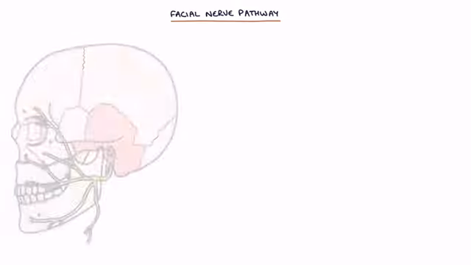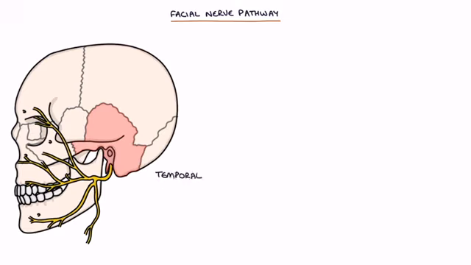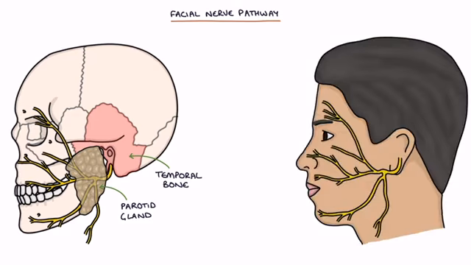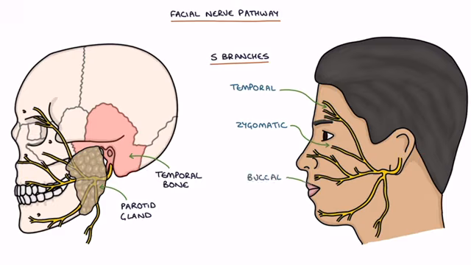On its journey to the face, it passes through the temporal bone and the parotid gland. It then divides into 5 branches: the temporal branch, the zygomatic branch, the buccal branch, the marginal mandibular branch, and the cervical branch.